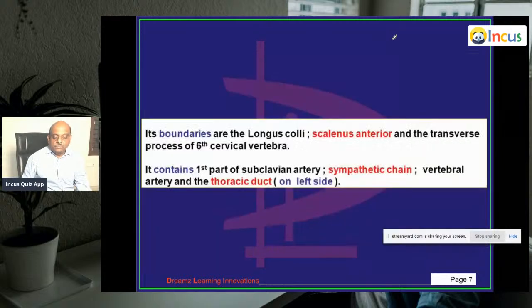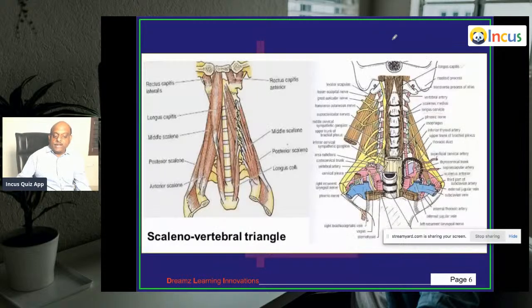So if you look at the scaleniovertebral triangle, here you have the prevertebral muscles and vertebrae.